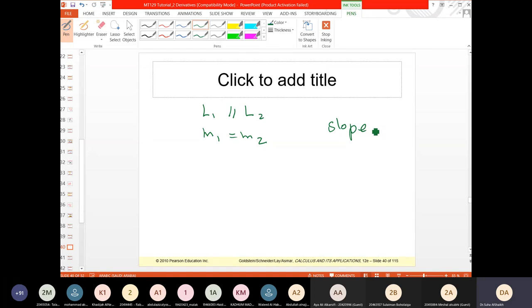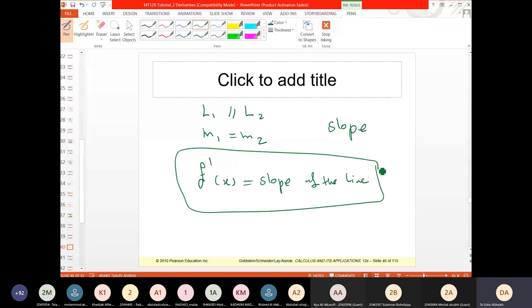The slope of the line that's parallel to your tangent line. Anyway, you have to find the derivative f dash of x, and you have to let f dash of x in this case equal to the slope of the line that they give to you. They give you a line, and they say you want the tangent line that's parallel to this line, so make f dash equal to that slope. You got it?